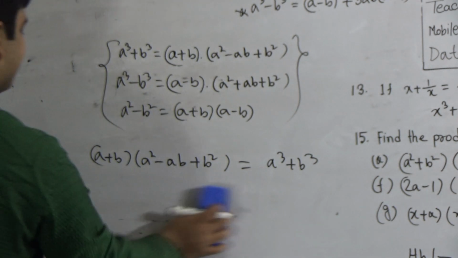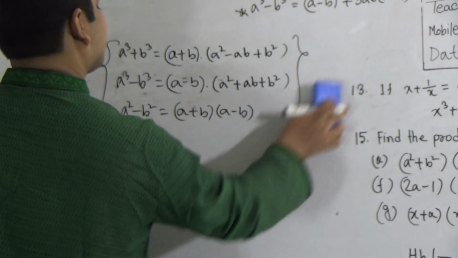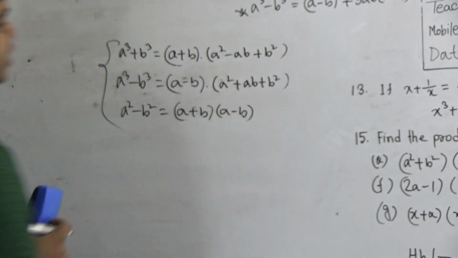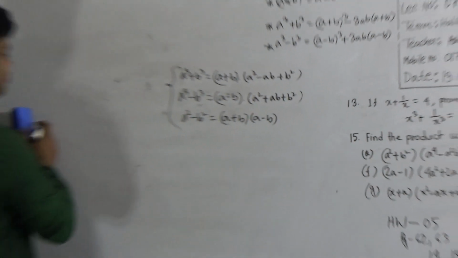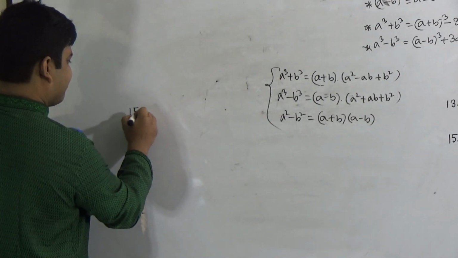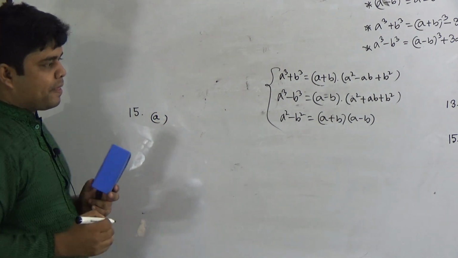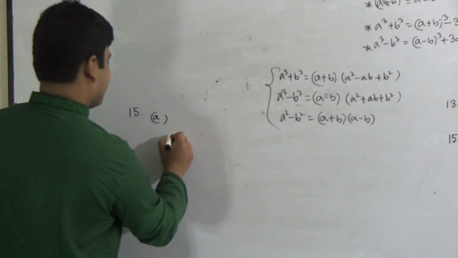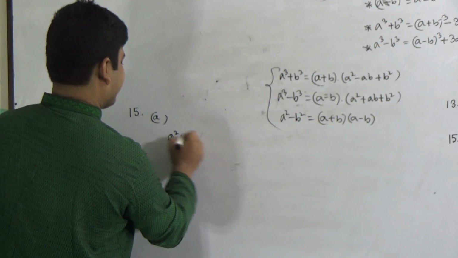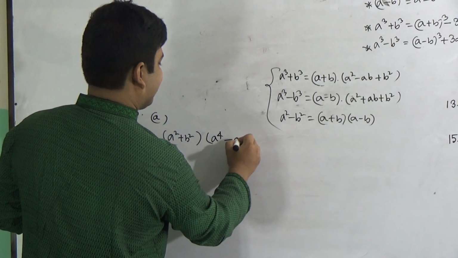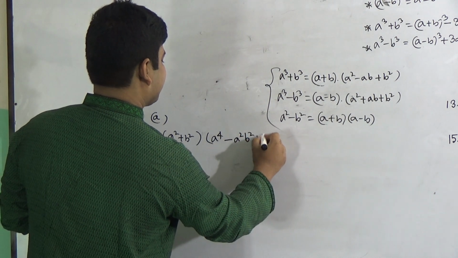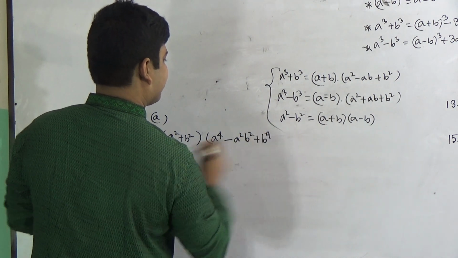So, by using the knowledge of this formula, we shall solve question number 15, A, F and G. So, first of all, please notice 15a. This is (a square plus b square) into (a to the power 4 minus a square b square plus b to the power 4).